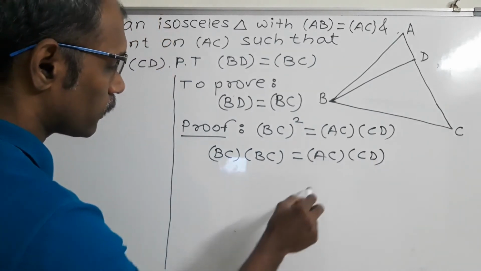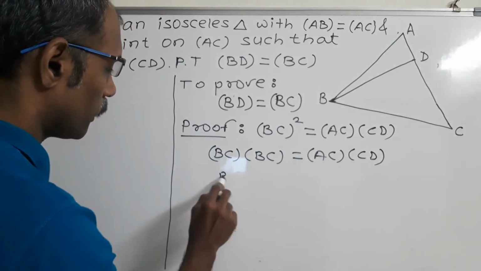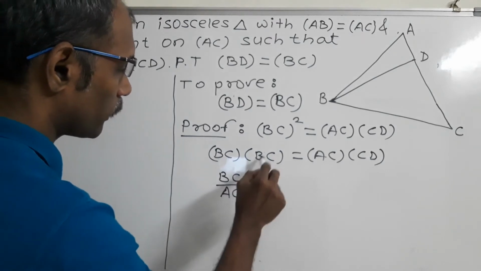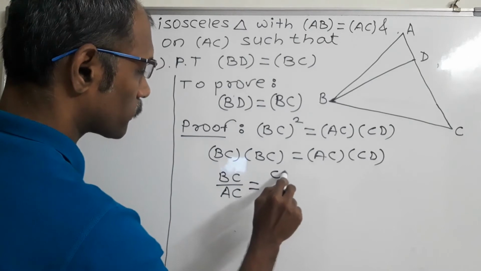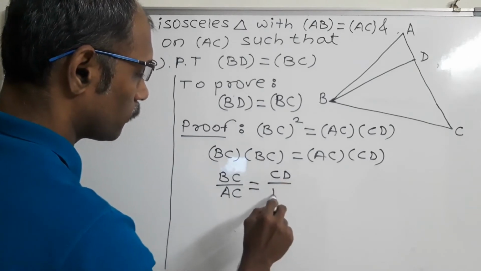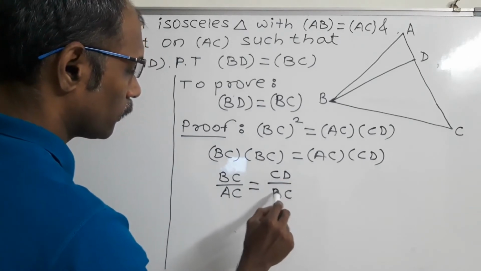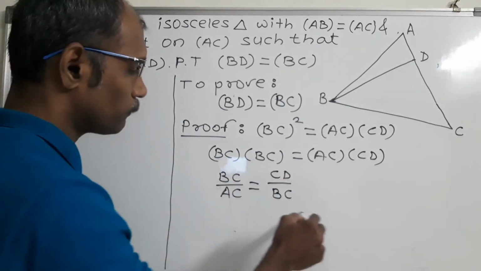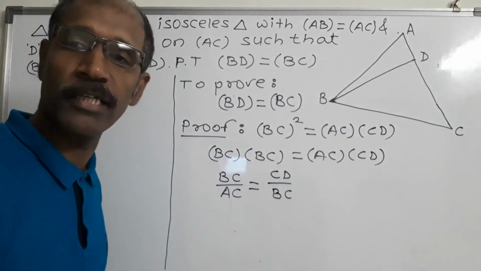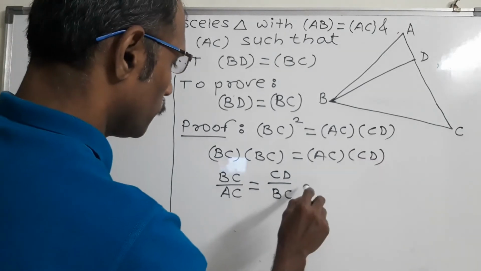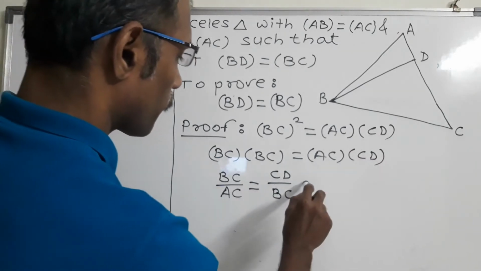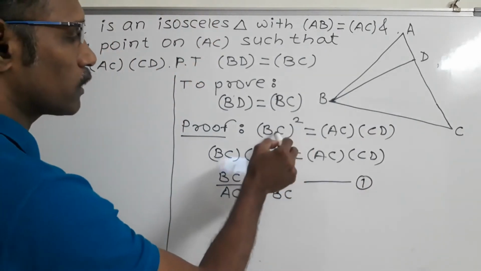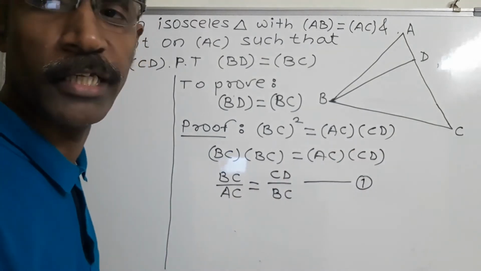Now we take this AC to the left side and BC to the right side, so both become denominators: BC upon AC is equal to CD upon BC. Now this is our equation number 1, from BC square is equal to AC into CD.